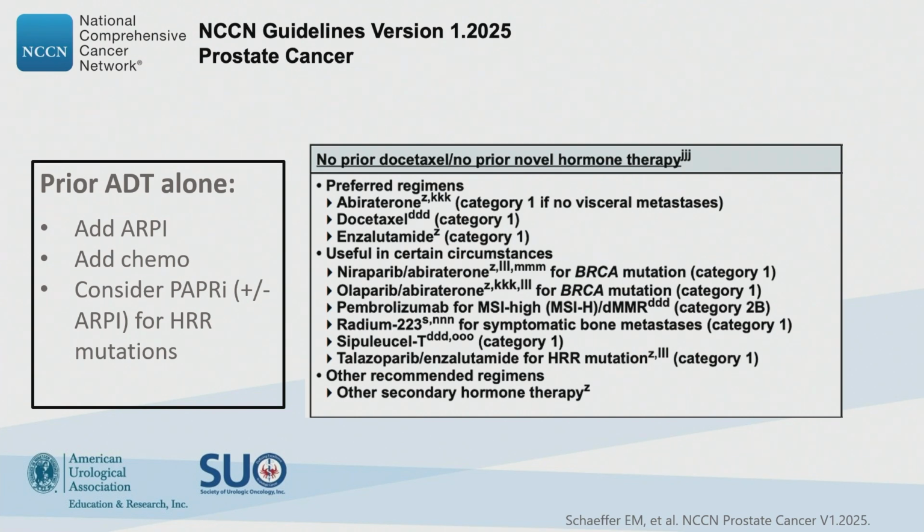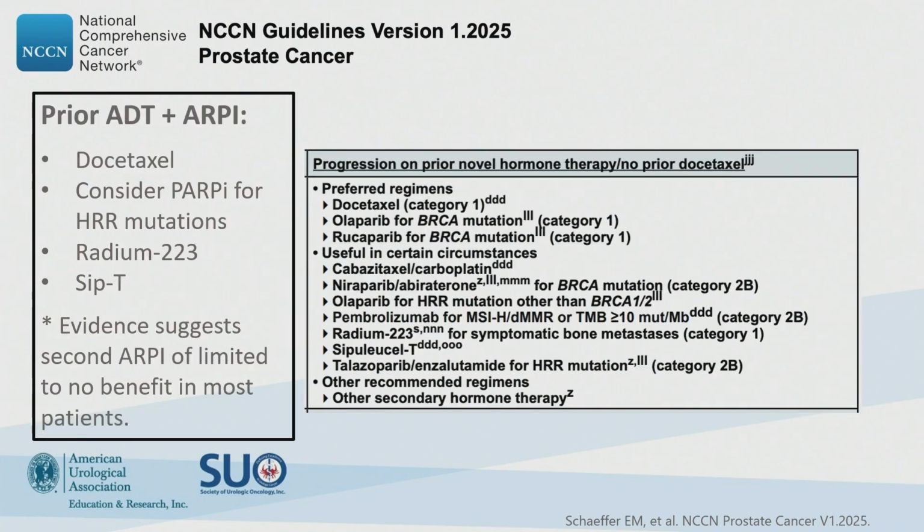I think we might also consider, as listed, a PARP inhibitor plus or minus an AR pathway inhibitor. And I did just show you the PROpel data, so we might add enzalutamide. If we're using enzalutamide, we might add radium-223 to this as well. That's not added to the label, but with this new data, these are both approved agents, so we might be able to get them in our clinics.